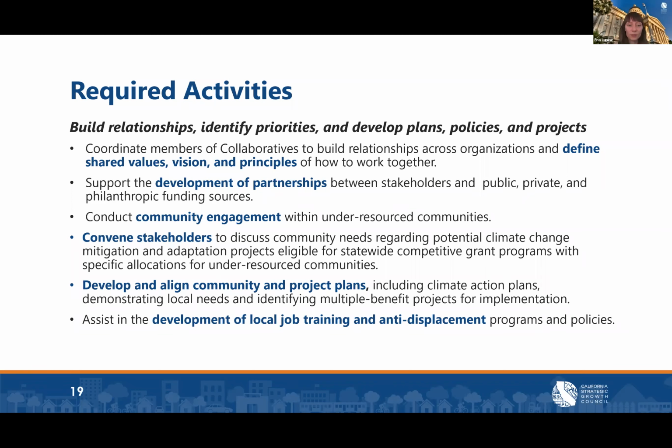So this first bucket is the required activities related to building relationships, identifying priorities, and developing plans, policies, and projects. And then all of the required activities below fall into that category. Next slide, please.